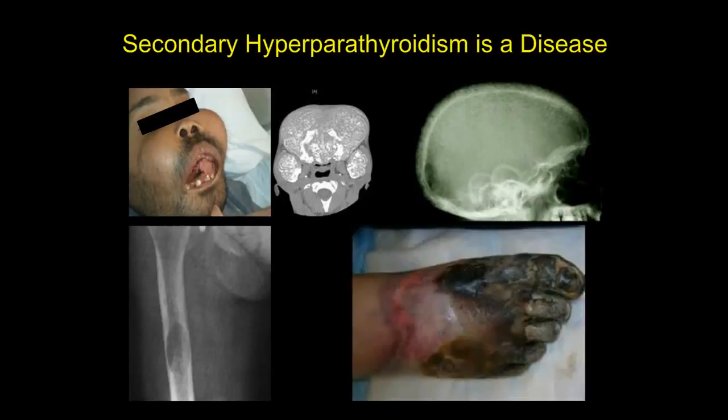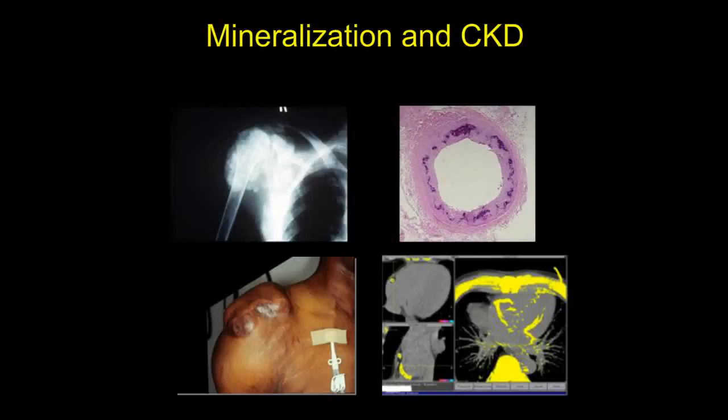And finally, we have the syndrome of calciphylaxis. This is the classic calciphylaxis we've seen with severe hyperparathyroidism, where you get basically occlusion of your small distal vessels, ischemia, and eventually necrosis. Other factors we see on the slide here are the auricular calcification and the shoulder in the upper left-hand corner.